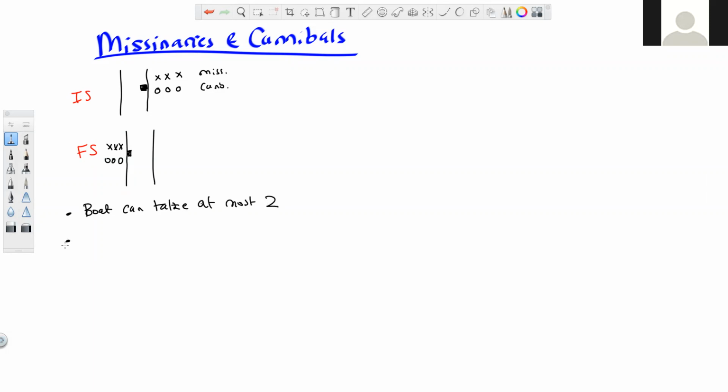And the second constraint is that you cannot have more cannibals than missionaries on any side at any point.